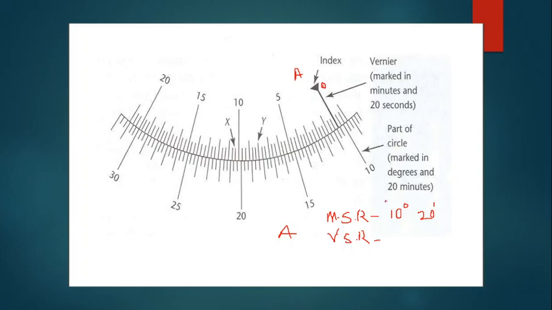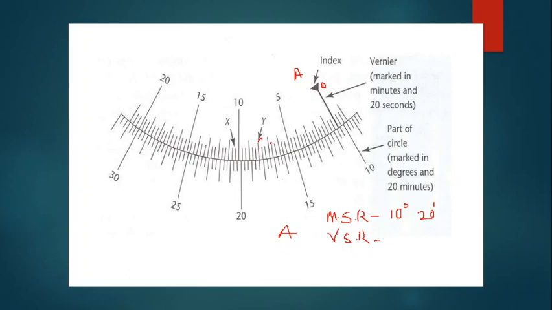Now coming to the vernier scale, we must search for the coincidence. Here the zero line is not exactly coinciding with any line of the main scale, so you continue searching from zero. Somewhere here this particular line is exactly in line with the main scale. This is exactly matching, so it is a perfect coincidence.